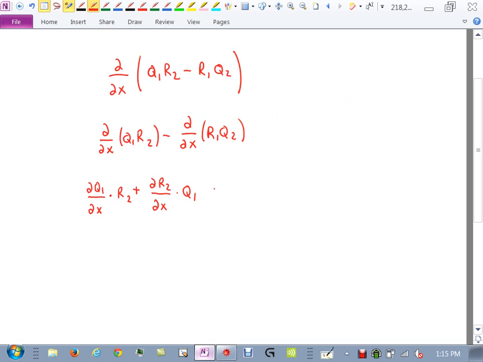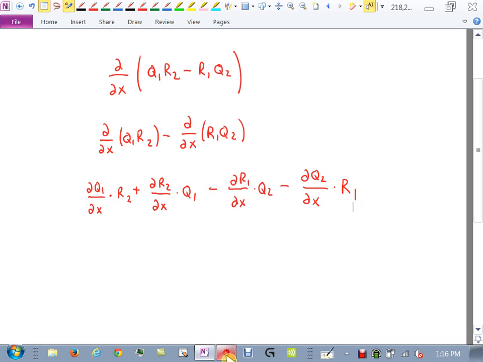So I would have minus, because there's subtraction, partial of R1 with respect to x times Q2. Then another minus, because that distributes, partial of Q2 with respect to x, times R1. Do y'all see that? They just subscript them. Questions?